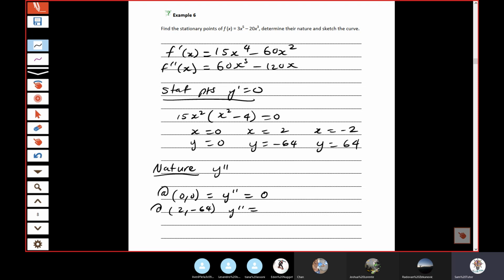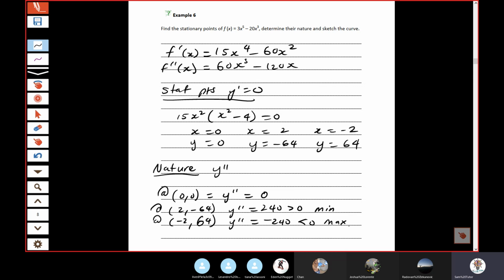Yeah, 240, greater than 0 is a min. At negative 2, positive 64, y double dash, I'm going to assume it's a max. Yeah, negative 240, less than 0, it's a max.